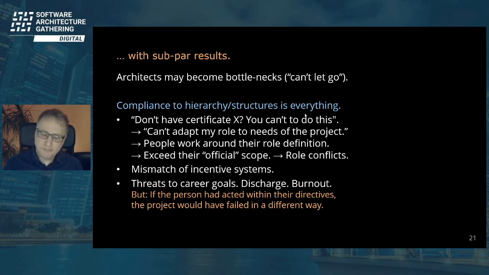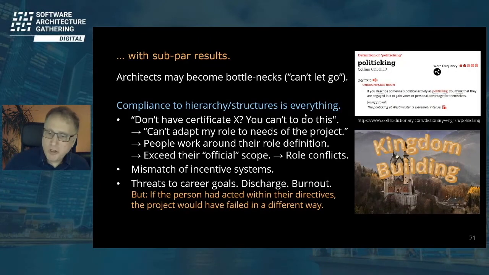When things fail, you get burned. And the thing here is the project would have failed anyway, even if the people would not have stepped out of their boundaries. It would just have failed in another way. So what this leads to is a lot of what we call politicking.